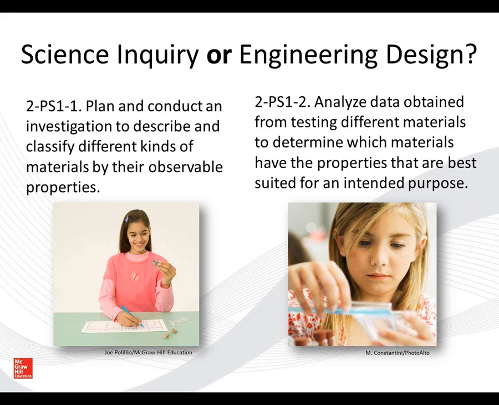Let's look at the right-hand one now. Analyze data obtained from testing different materials to determine which materials have properties that are best suited for an intended purpose. Now, the core idea is the same, that there are different materials, and the materials have properties.